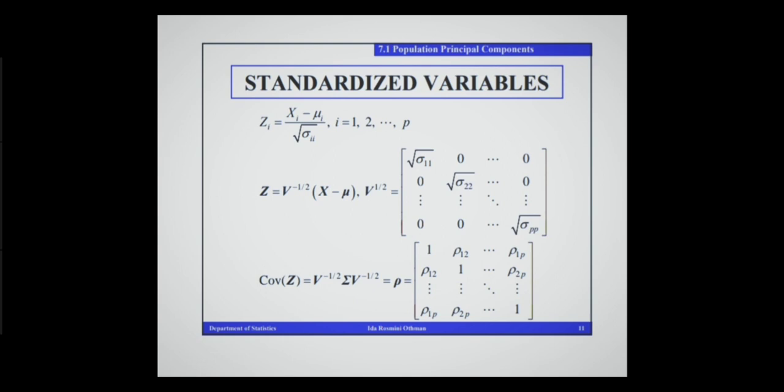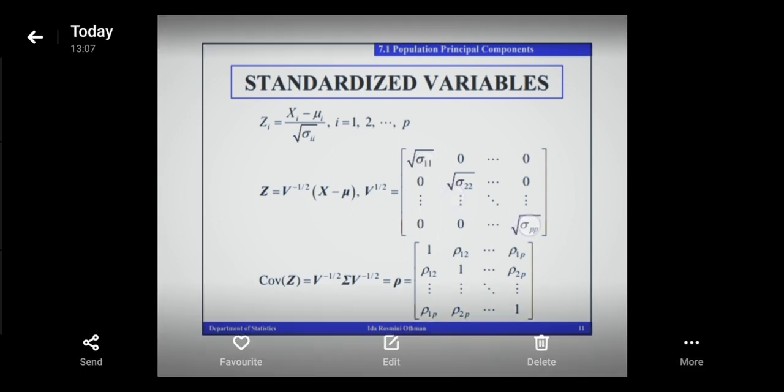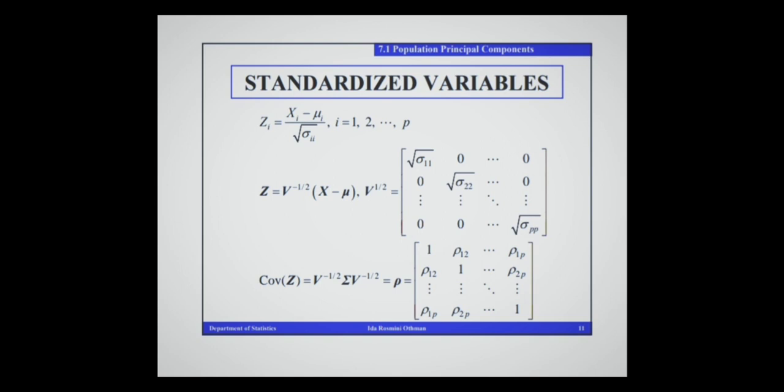If it were just matrix V, the main diagonal would be the variance, but because here we want the square root of the V matrix, all the main diagonals should be square roots. It means all the variances of the variables should be square rooted, and all the other elements will be 0. Okay, because this is the main diagonal matrix of variance.